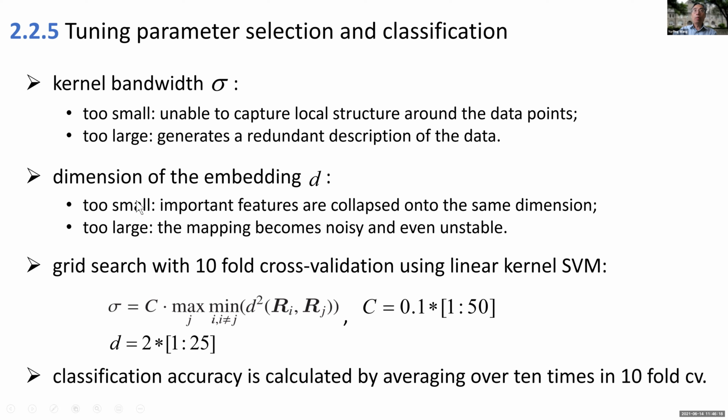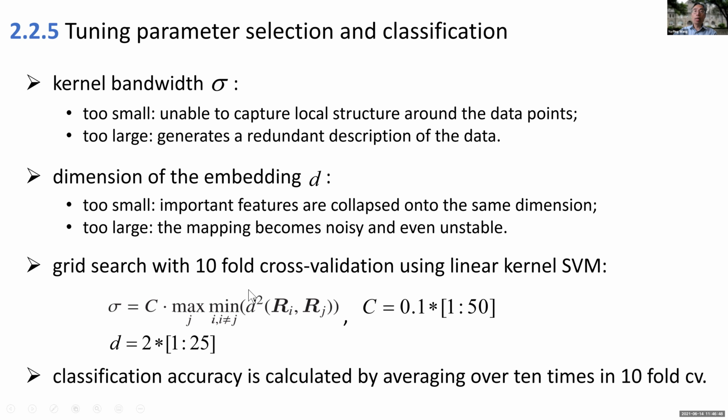This is similar to the selection of the dimension of the embedding space D. If D is too small, the important features are collapsed into the same dimension. Or if D is too large, the mapping can be too noisy or even unstable.